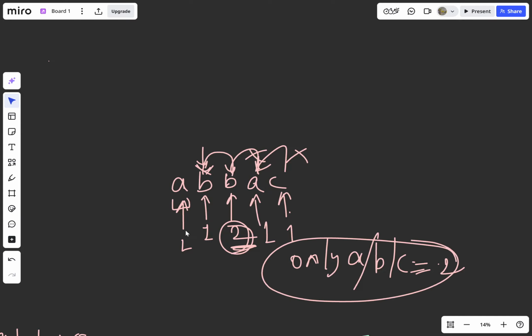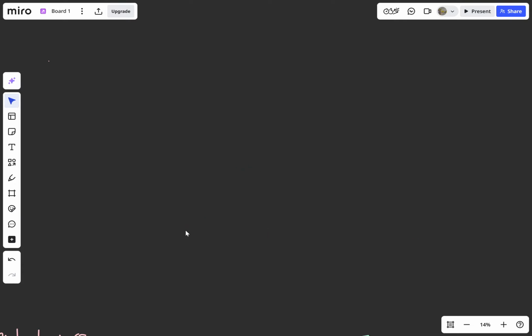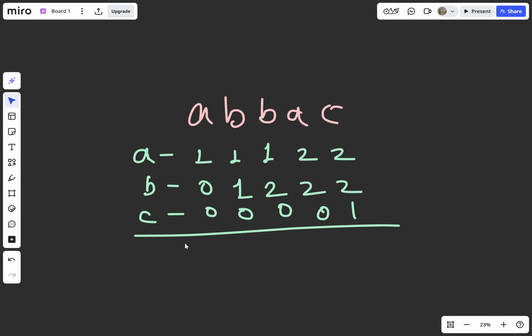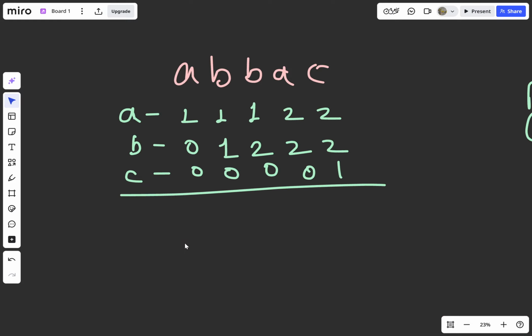Now we will move towards AB, BC and AC. These three combinations we will find now, using the prefixes.